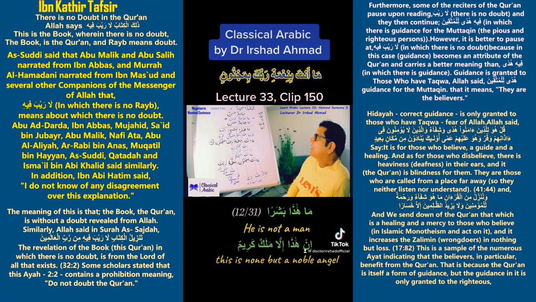In haza malakun karimun. Rather, he is a noble angel. So this is a simple negation here. Ma haza basharan. So from basharon, this noun has gone into nasab, and our sentence here is ma haza basharan.